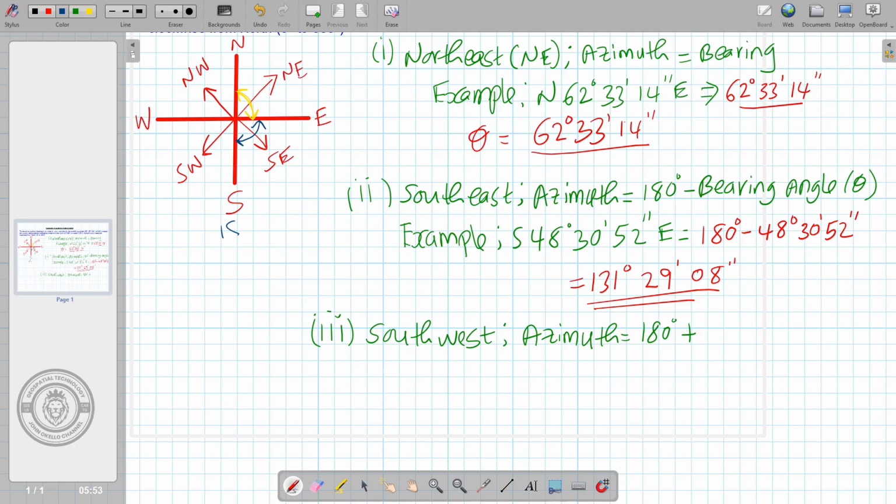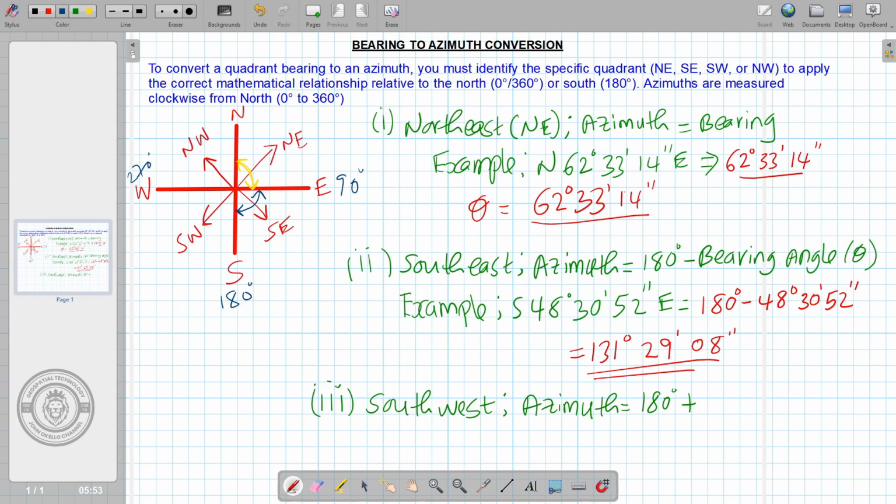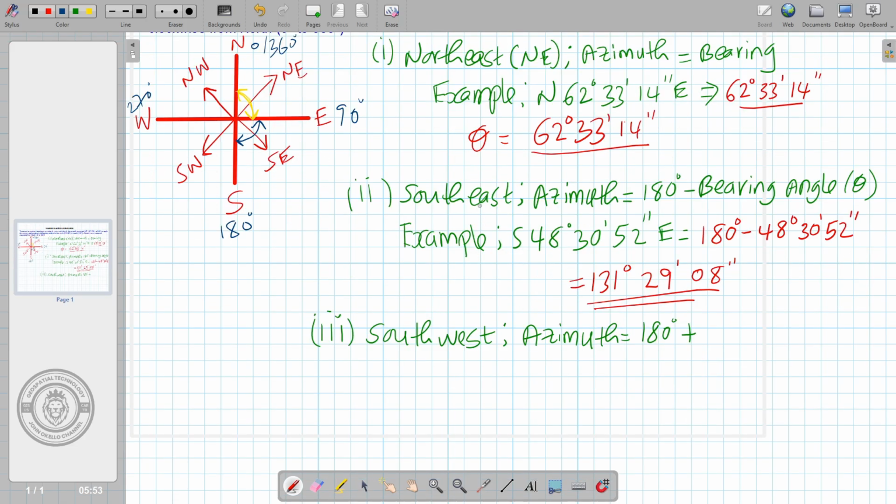This is 180 degrees, this 90 degrees, here is 270, and up above here is 0/360 degrees. So for southeast, as we've seen, we get 180 minus this particular bearing.